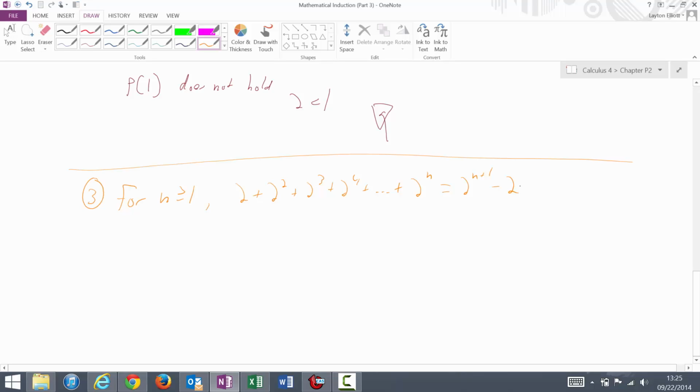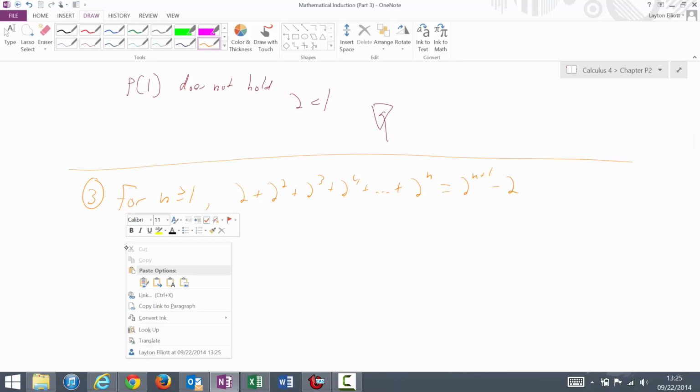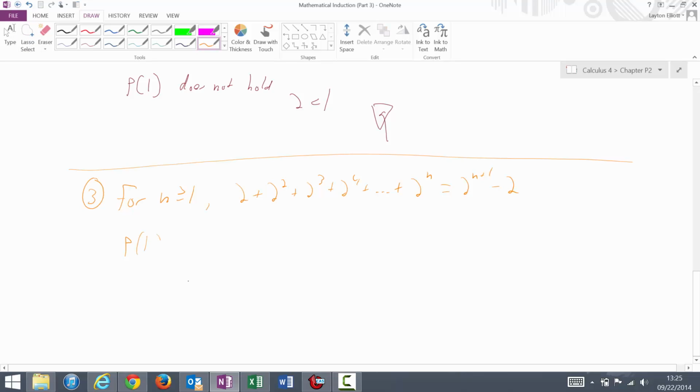That's kind of an interesting result. I can prove that for P of 1, which means that when n equals 1, then 2 is equal to 2 to the n plus 1, which would be 2 squared minus 2. So that holds.